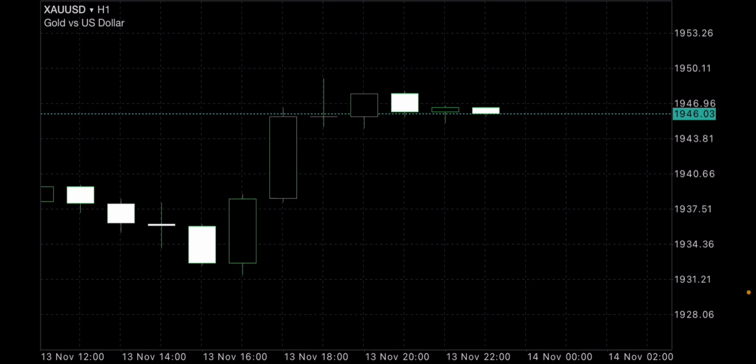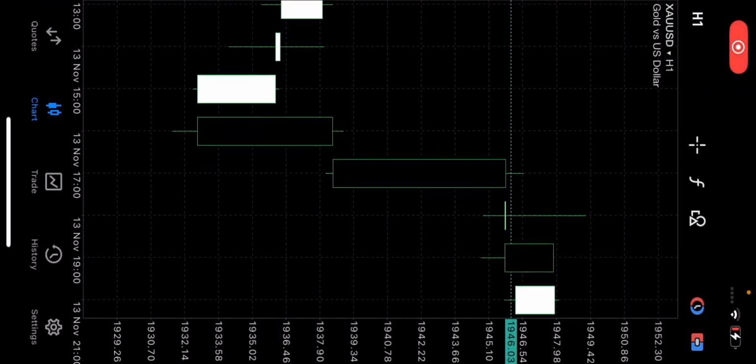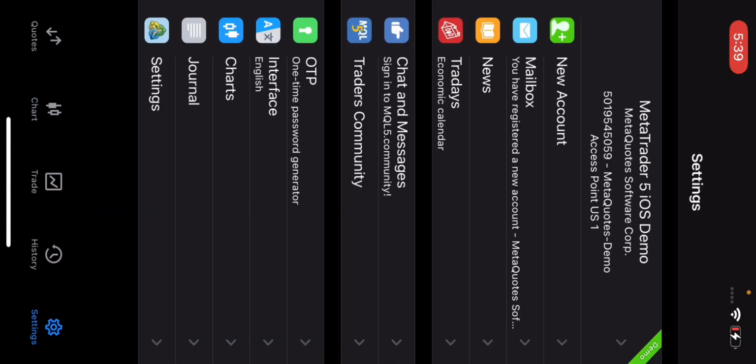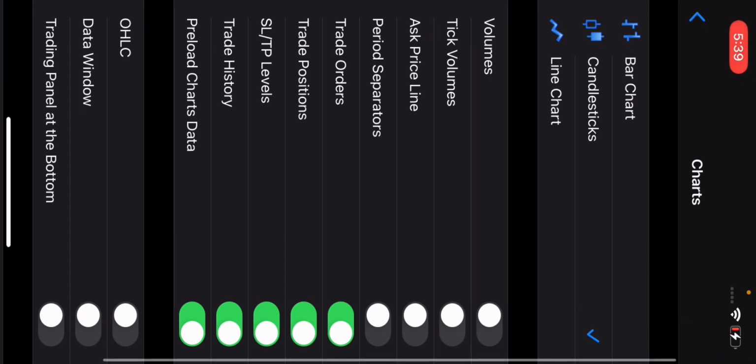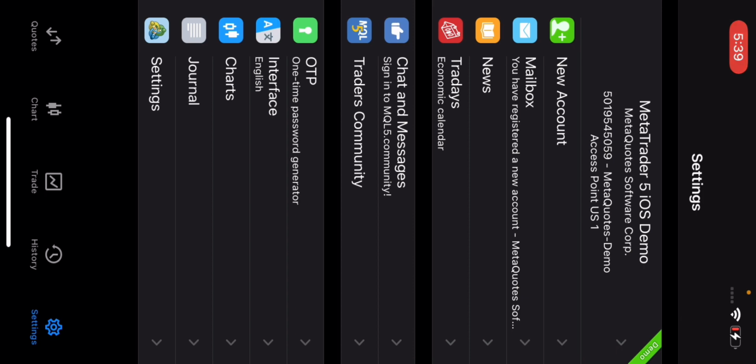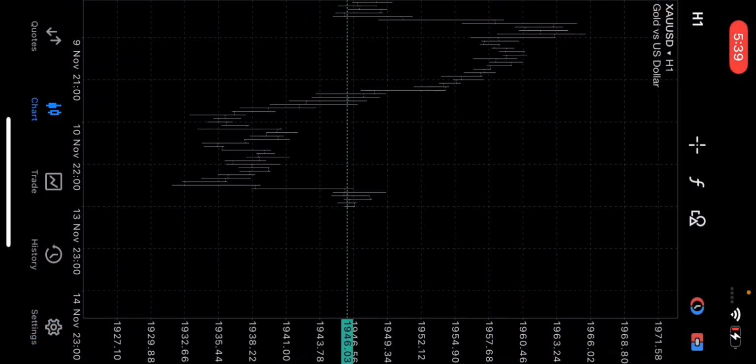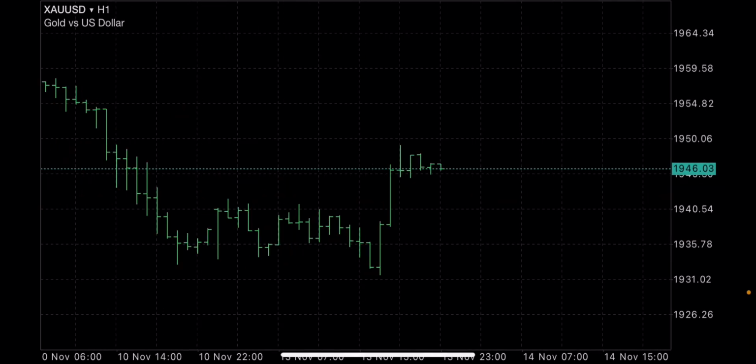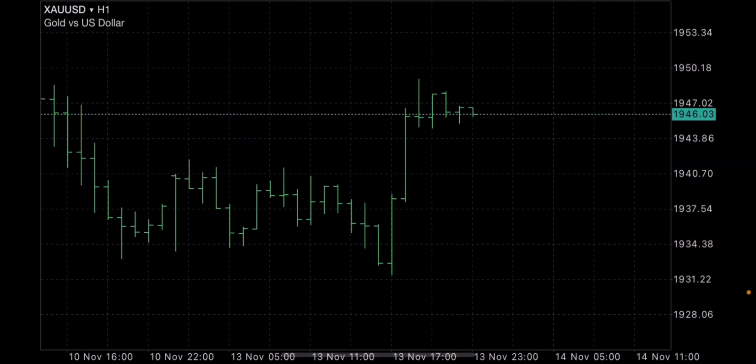Another way people see price is with either bar charts or line charts. I'm going to show you an example, and I'm going to turn my phone around. I'm going to go to settings, then charts. There's a bar chart.